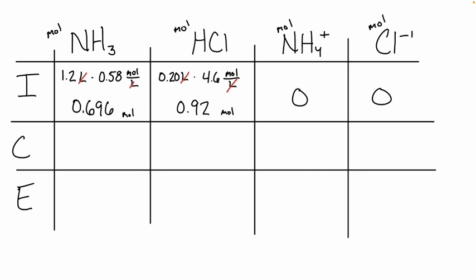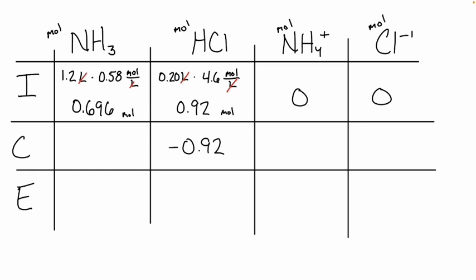So again, all of that strong acid is going to react, so it's negative 0.92. What's wrong with that? I don't have enough acid. That's not true. I don't have enough base, right? I have enough ammonia to react with 0.92 moles of my HCl.